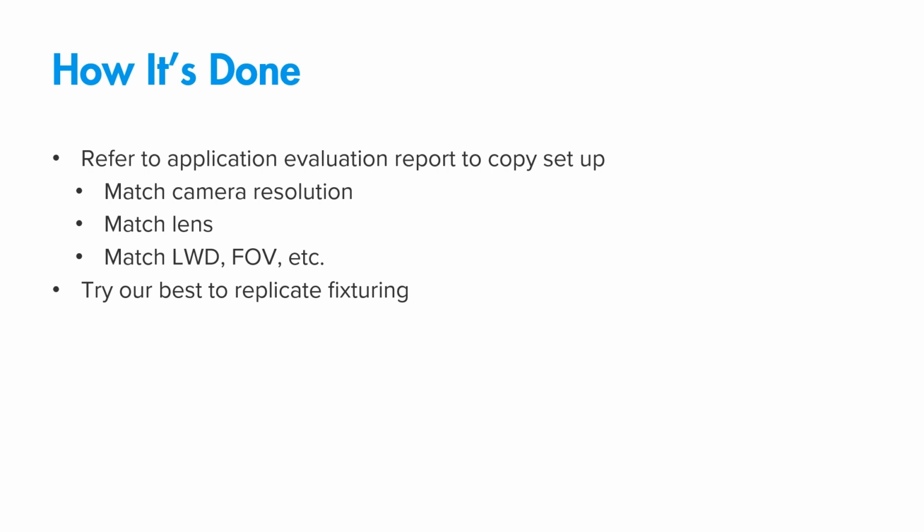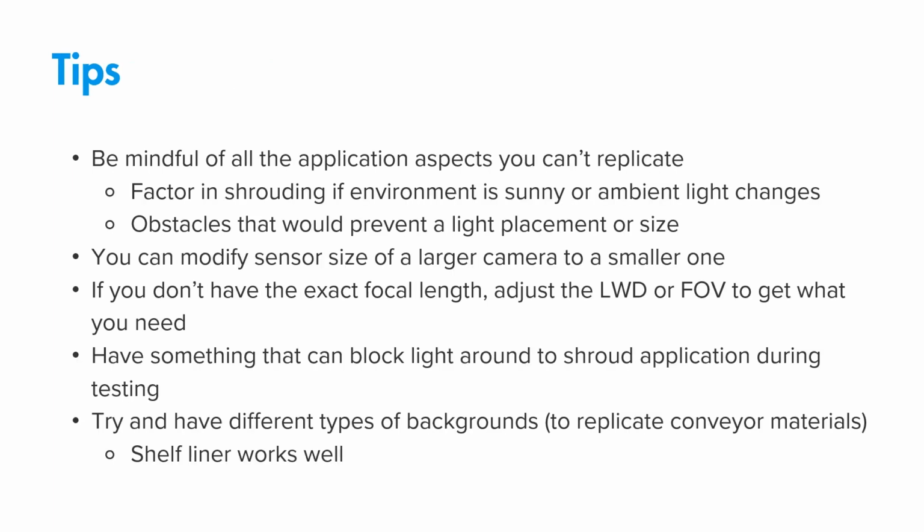Kind of anything you can to make the application solvable. So, tips for you to replicate your setup best. First of all, be mindful of the application aspects that you can't replicate. For example, if your sample or where your machine is happens to be by a large window, the lighting is going to change based on the weather, sunny one day, rainy another day.